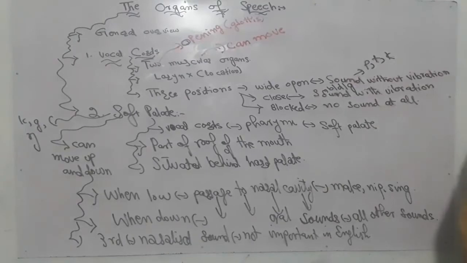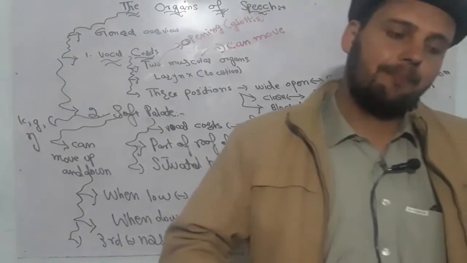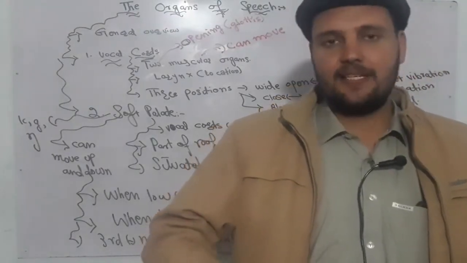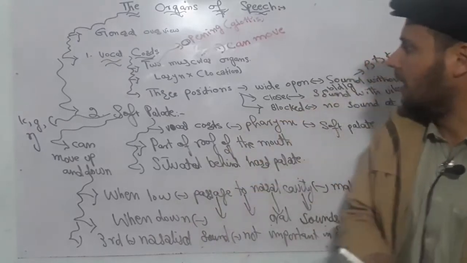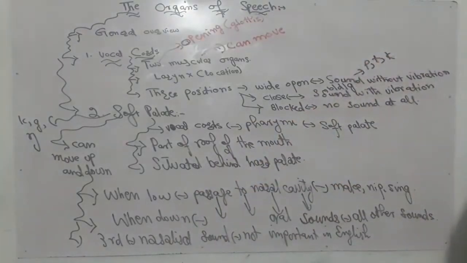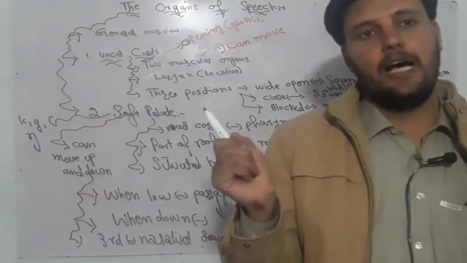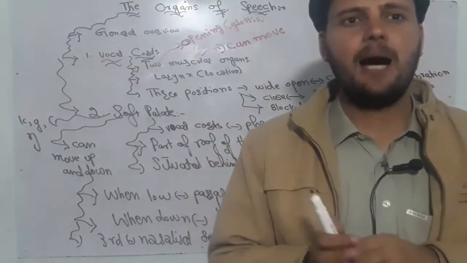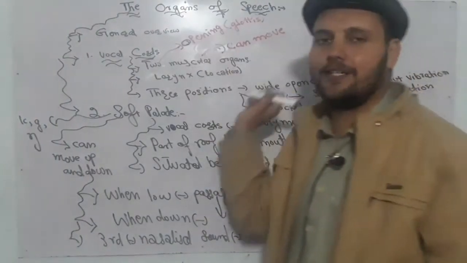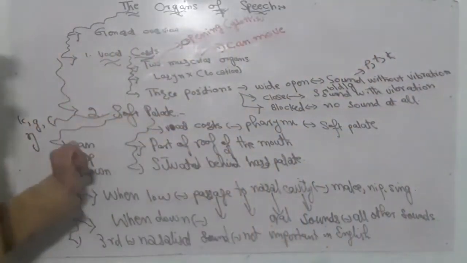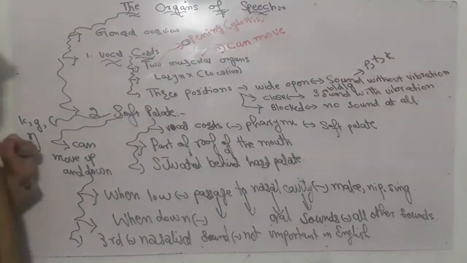How are sounds created? First of all, the air stream starts coming from my lungs. The lungs push the air stream upwards, and it comes to what we call the vocal cords. Now, what are vocal cords?